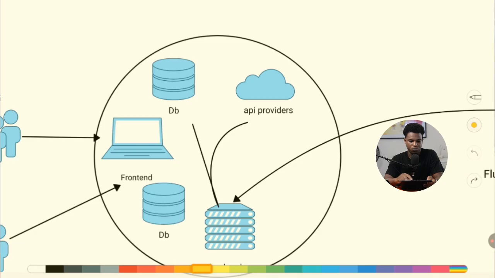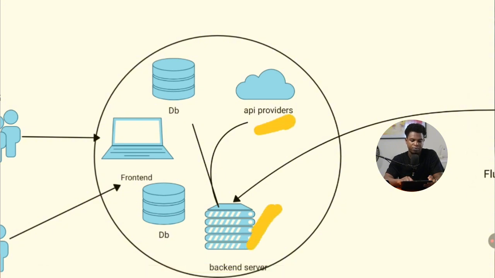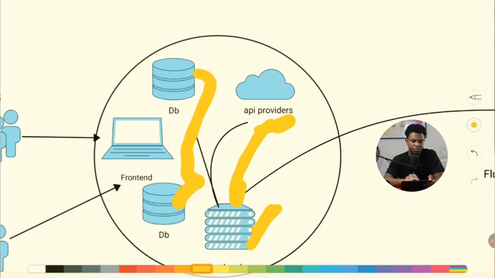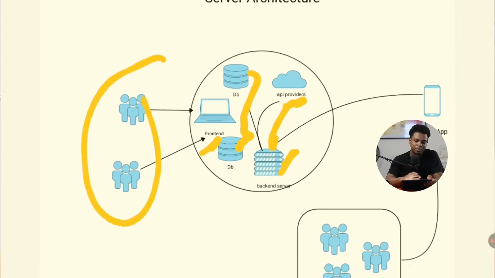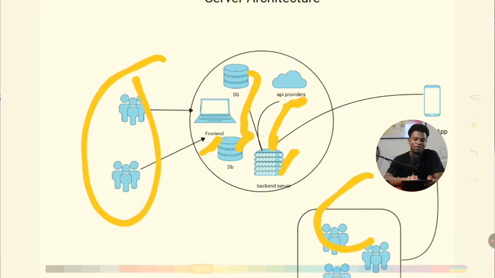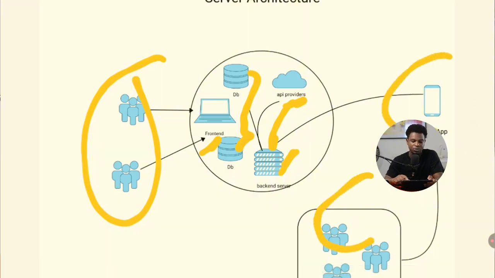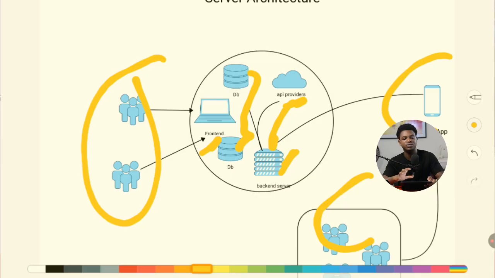Our backend was taking up resources, API providers talking to our backend were also taking up resources, two databases were definitely taking up resources, and a Docker container with a front end was taking up resources. That does not even consider the fact that all these people talking to our front end and our applications were also utilizing resources, which was now becoming a problem.